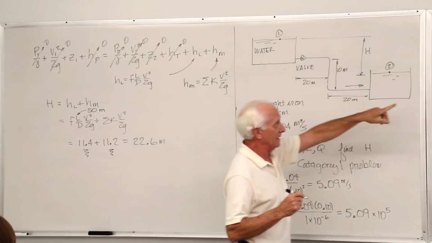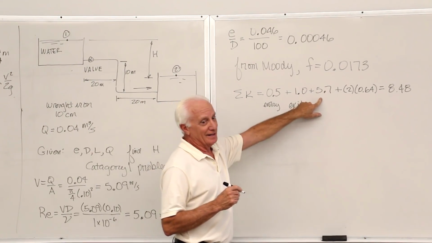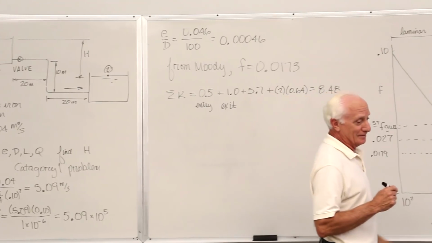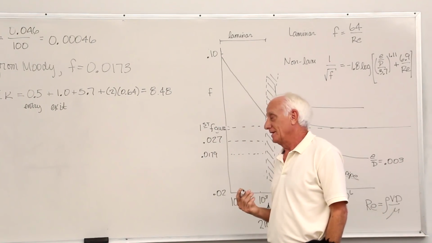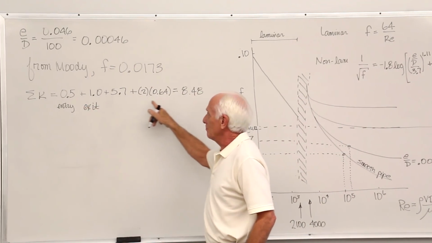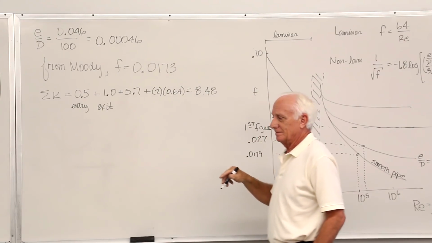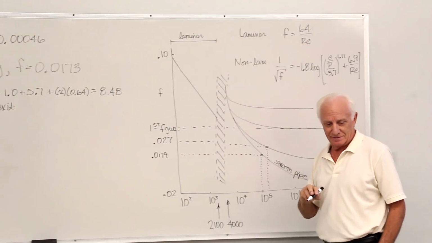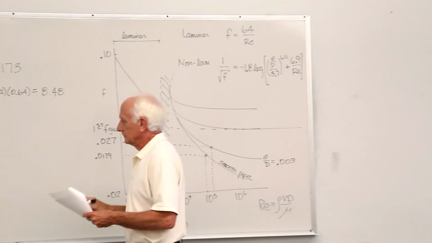The valve's a big guy. Look at the valve. What's the problem in that line? That valve is causing a big pressure drop. So you can look at the minor losses and say, what should I improve? Maybe change the valve. That's the biggest loss there. So you can do things like that.